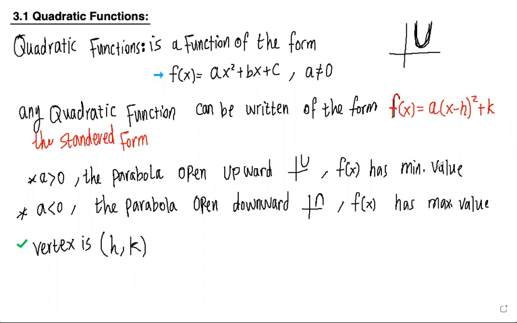The minimum value I can find as f of h, this h, equal k, and here it has a maximum value. The value is f of h equal again k. So it depends on the sign of a. Okay.